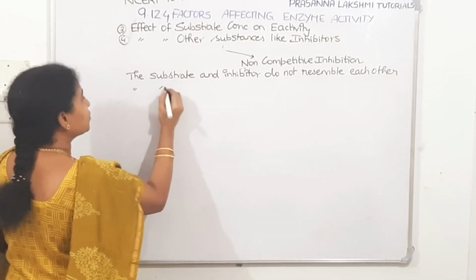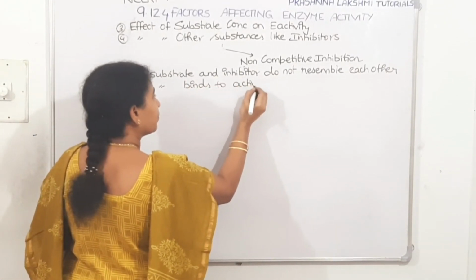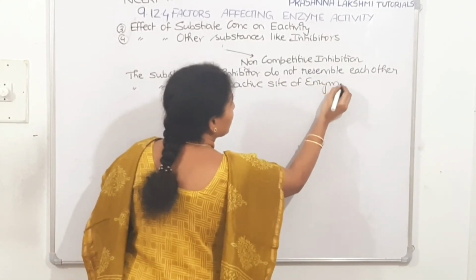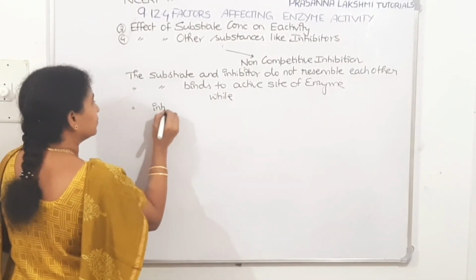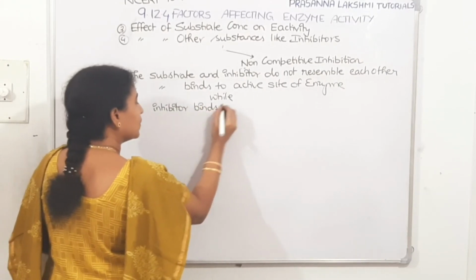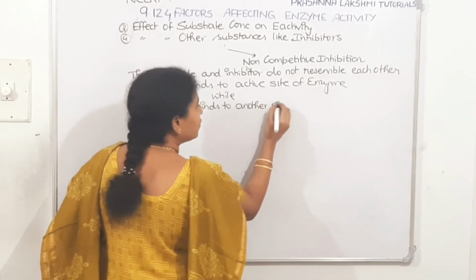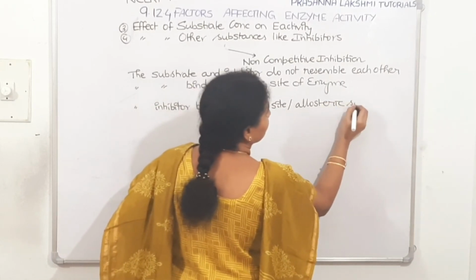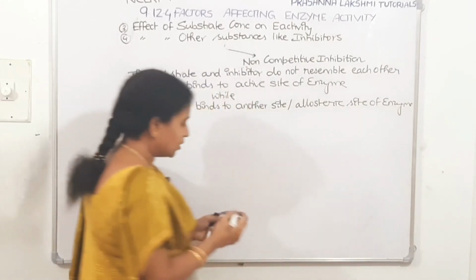The substrate binds to the active site of the enzyme, while the inhibitor binds to another site, which we can call the allosteric site of the enzyme.